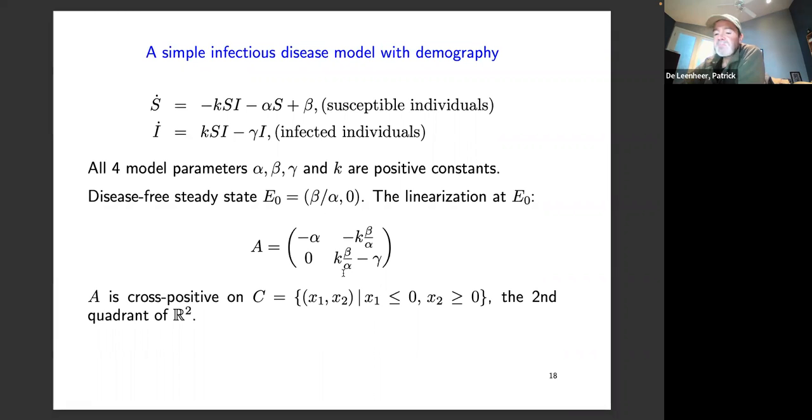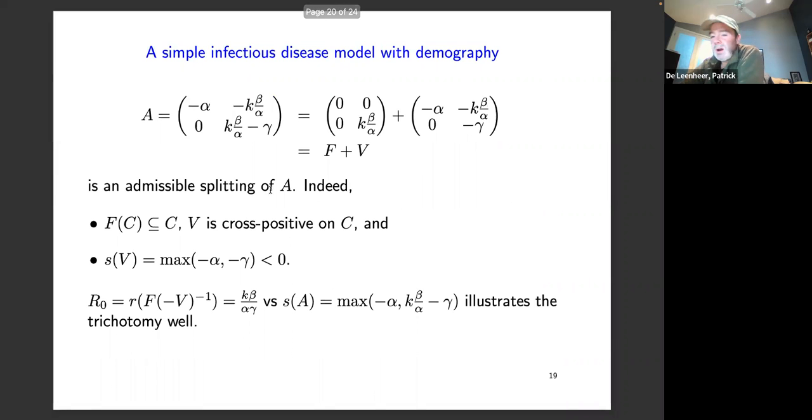This is how it ties to the story that I told you. It's a cross-positive matrix, not on the positive orthant cone, but on the second quadrant of R^n. Of course, it requires a little bit of work to convince yourself, but that's possible.